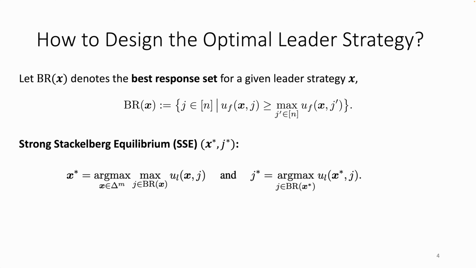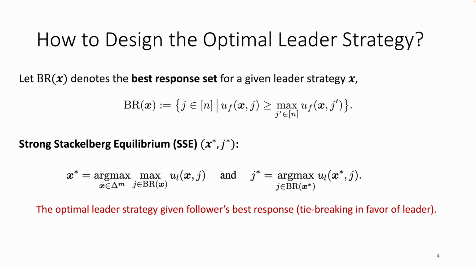And then it gives us the common notion of strong Stackelberg equilibrium, which is basically to find the optimal leader strategy given that the follower is best responding. And here it also assumes, without loss of generality, that the follower breaks ties in favor of the leader.